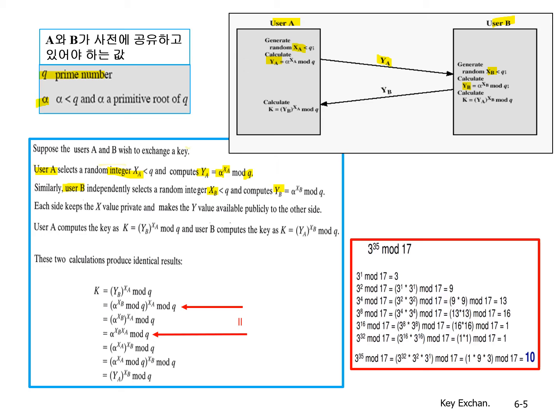YB is generated from a function of XB based on the same alpha and q, and sends this blind key to user A.